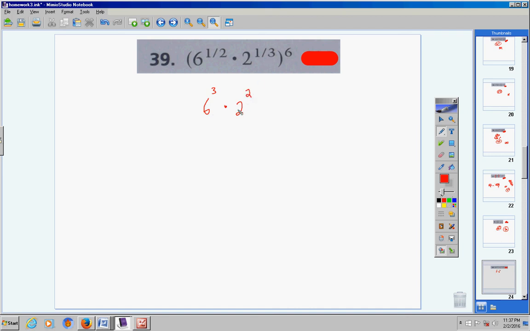And we can take it from there pretty obviously. 2 times 2 is 4. 6 times 6 times 6 is going to give you 216. And 216 times 4 will give you 864. Alright, 864.